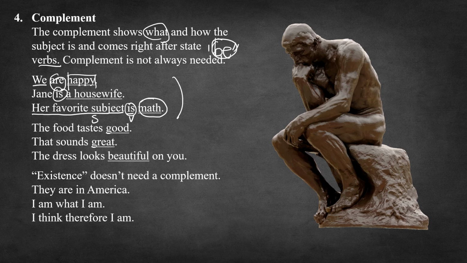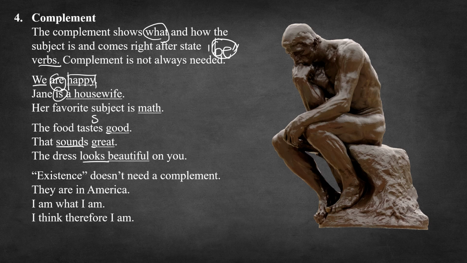But here, the verbs like taste, sounds, and looks, they don't look like state verbs. They look like action verbs, but these ones take a complement instead of an object.